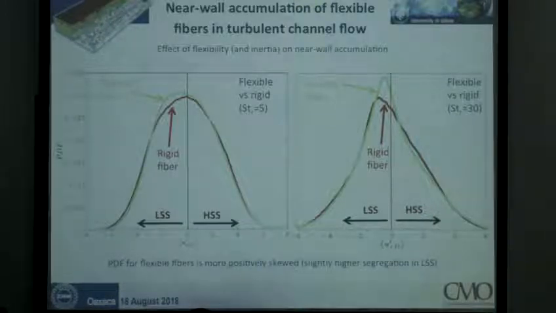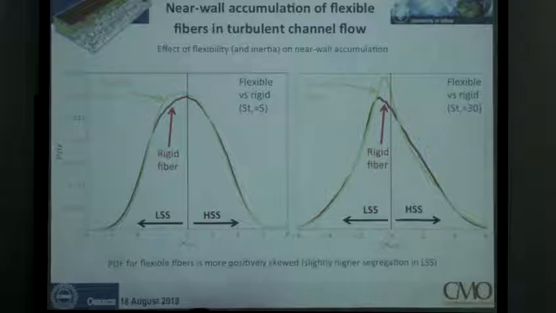And as I said, there is segregation in low speed streaks, but here what we are comparing is the relative tendency of segregation between flexible fibers and rigid fibers. On the left for fibers with lower inertia, on the right for fibers with higher inertia.